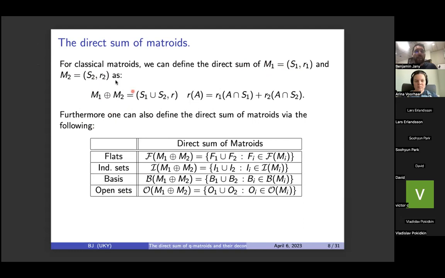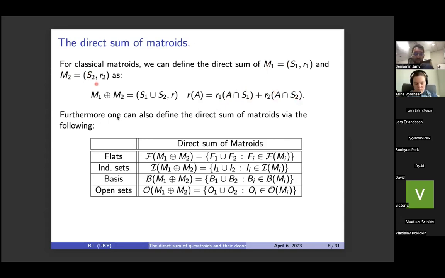Then the direct sum will have for ground set the union of the original ground sets, right? And we attach the following rank function to it, where the rank of any subset A of S1 union S2 will just be the rank of A intersect S1 in M1 plus the rank of A intersect S2 in M2.